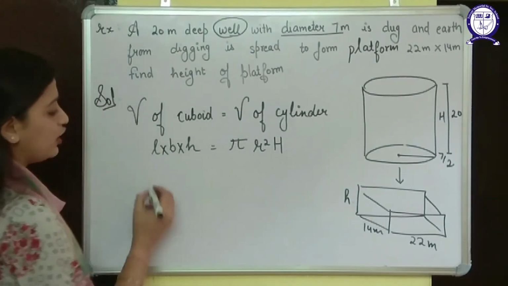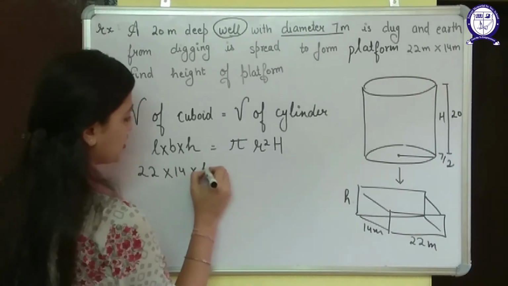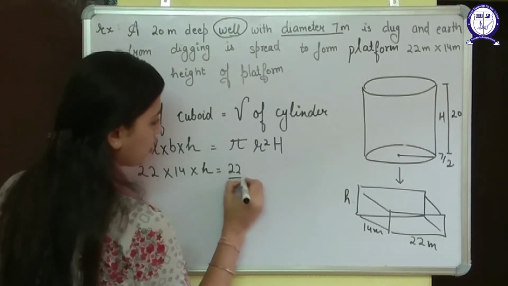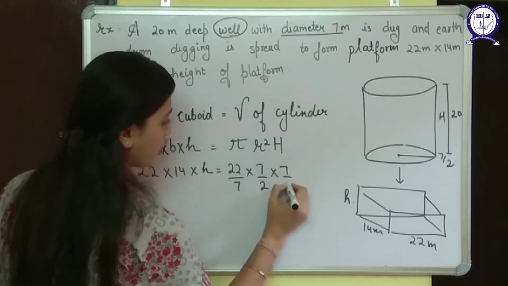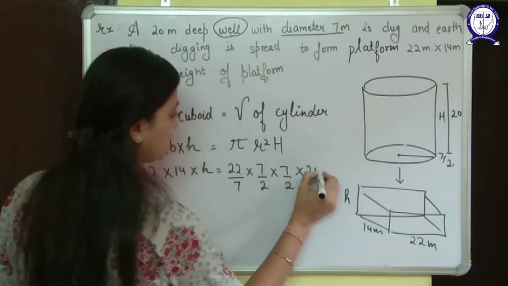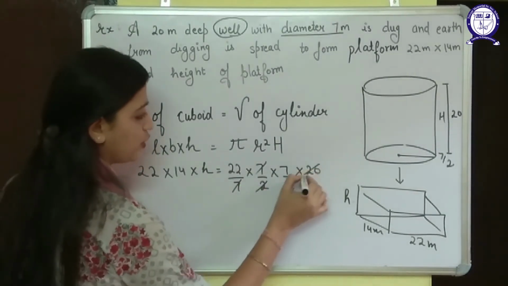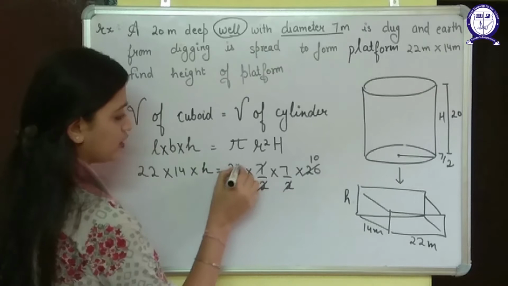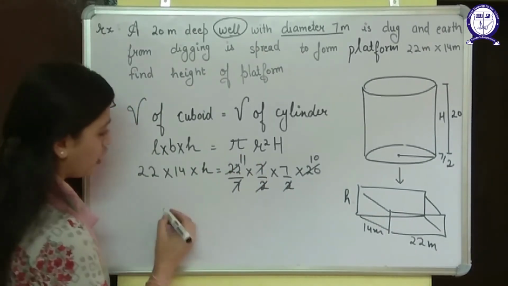Now putting all the values, 22 into 14 into h equals to 22 upon 7, 7 upon 2, 7 upon 2 into 20. So now I can cut this 7 and 7, this 2 and 20, 2 and this 11. Now I can take 22 and 14 on the other side.